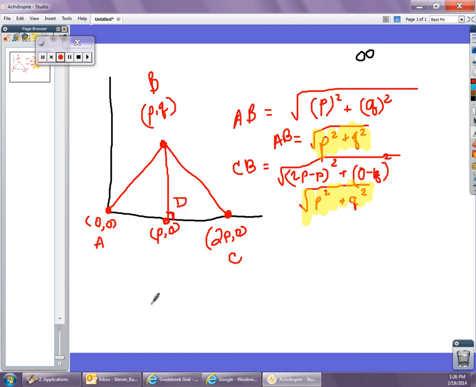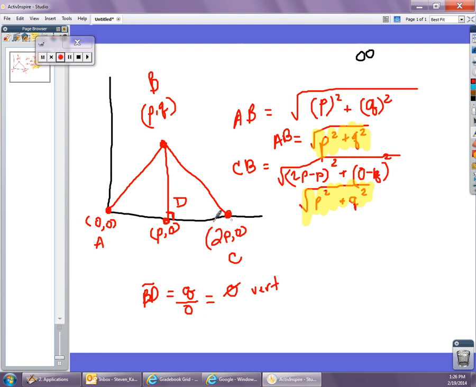So the slope of line BD is y minus y, so Q minus 0, which is just Q, over P minus P, which is 0. Well, anything divided by 0 has an undefined slope, which means this is a vertical line.